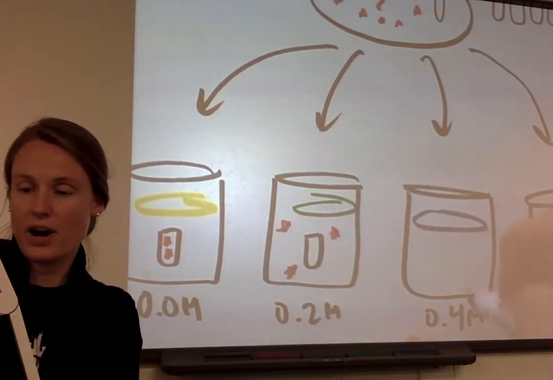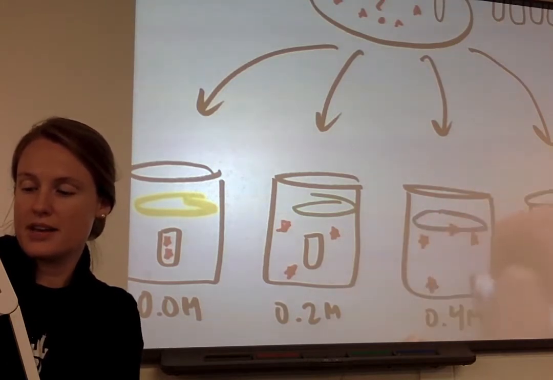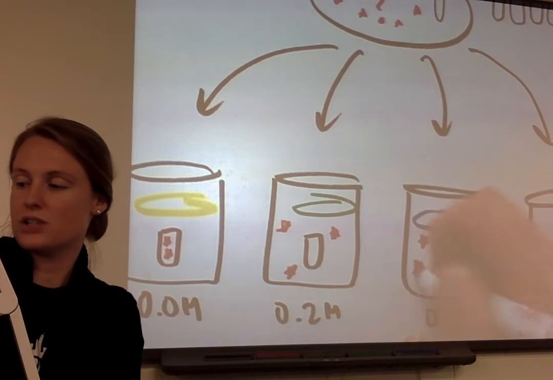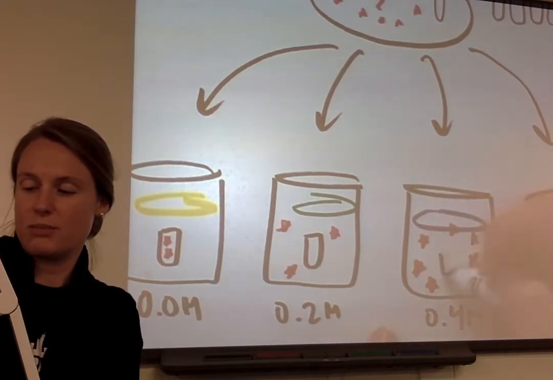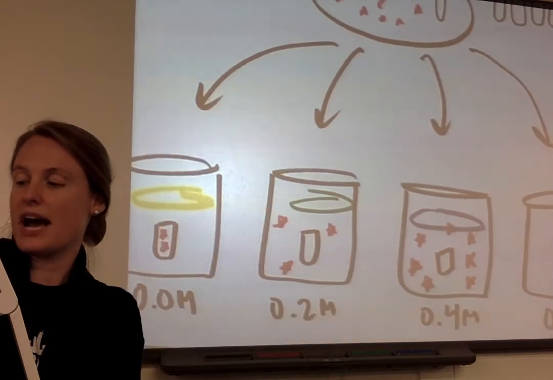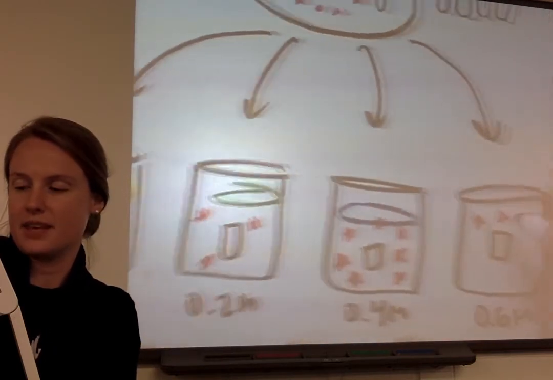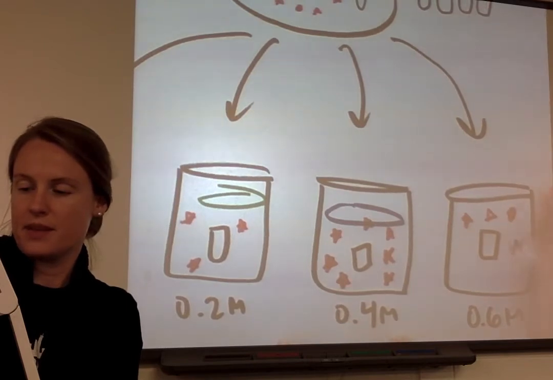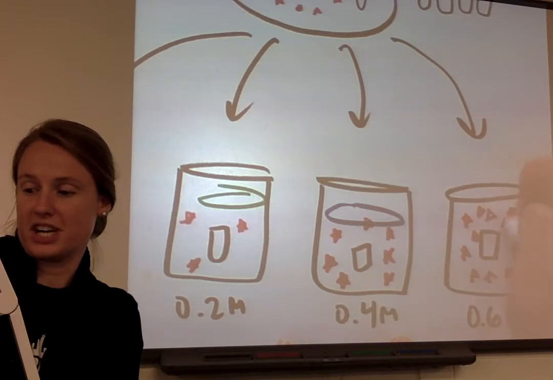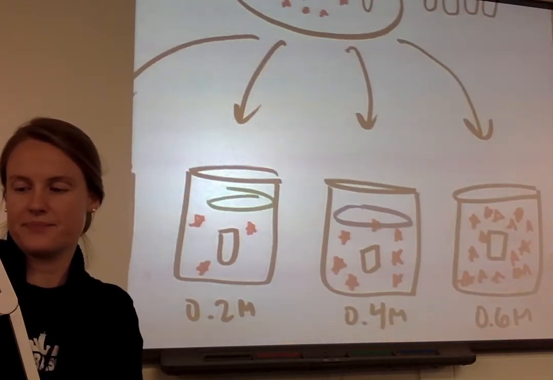The 0.4 has even more solute than the 0.2 did. So I'm representing that with more stars, putting my potato piece in there. And 0.6 molar has even more stars than 0.4. It's more concentrated. More and more and more stars. And obviously our 1 molar was our most concentrated.